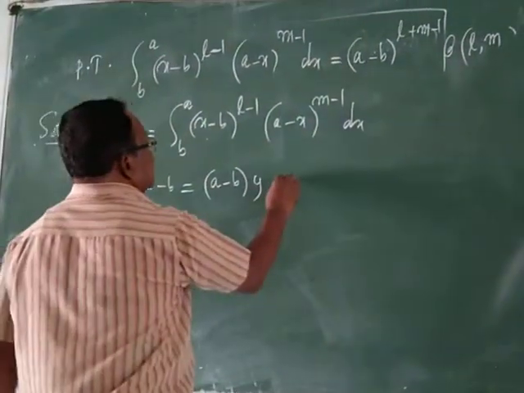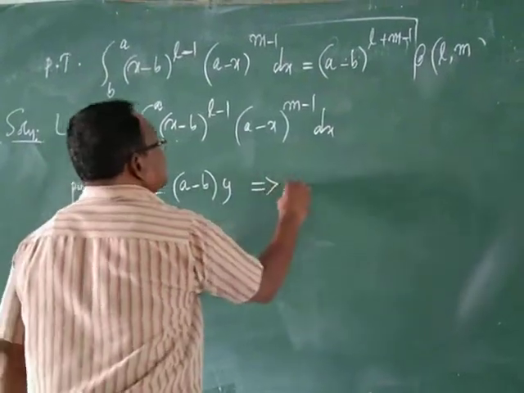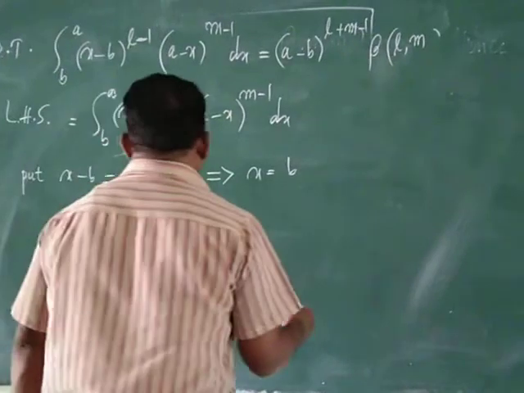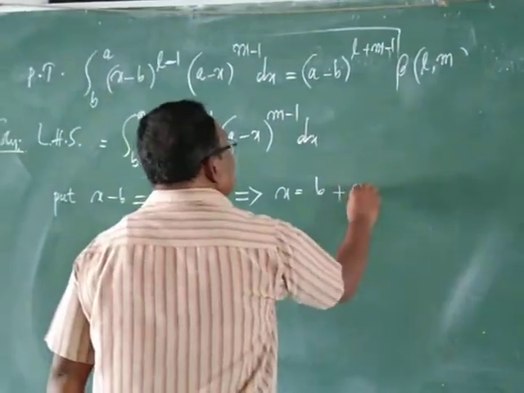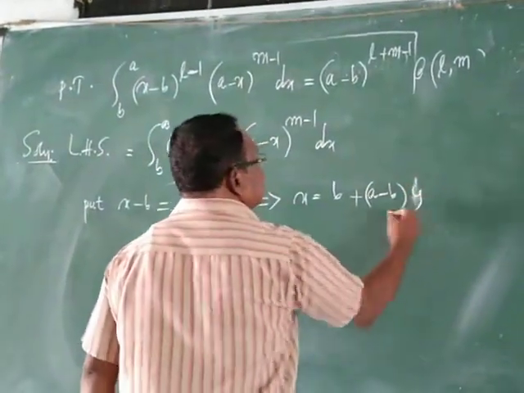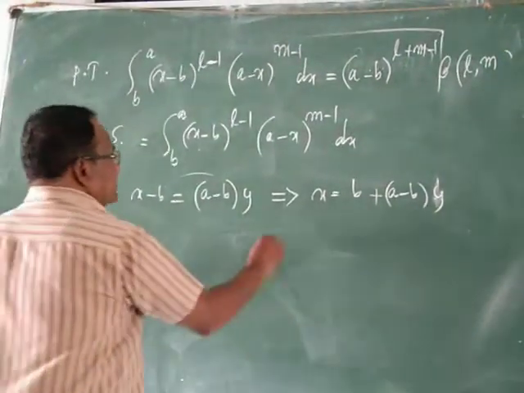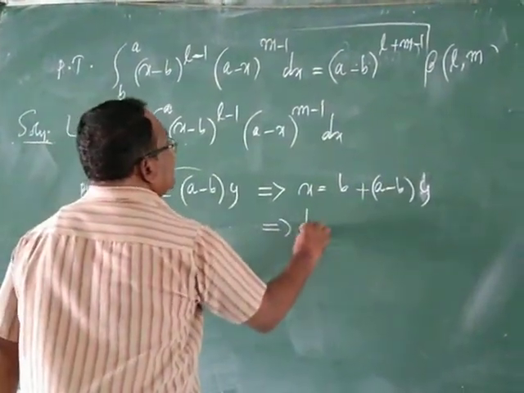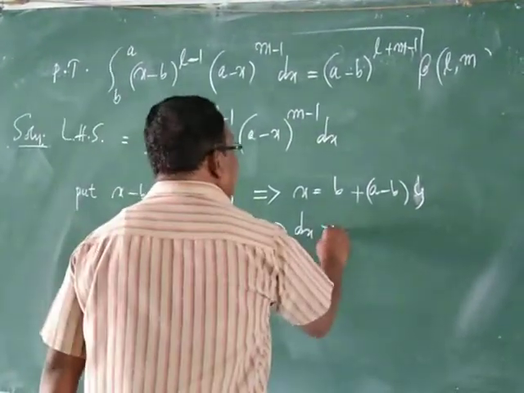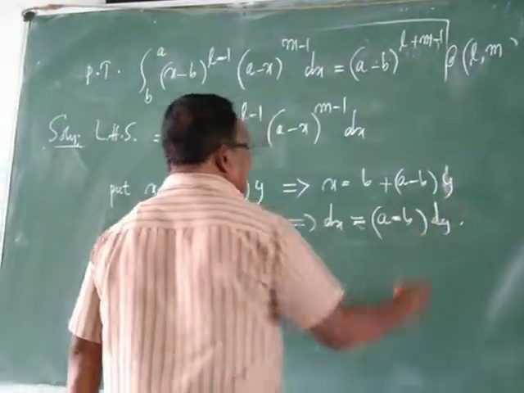This of course implies x is equal to b plus (a minus b) into y. What is your dx? Differentiation of b is 0, a minus b is a constant, put it as it is, into dy.